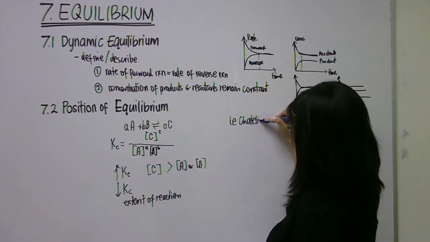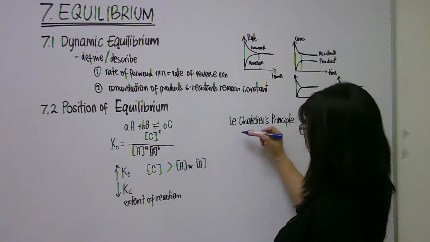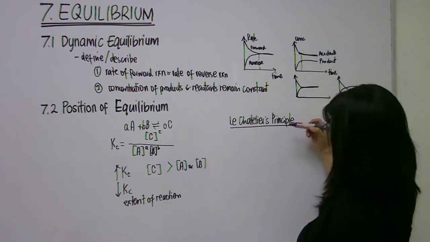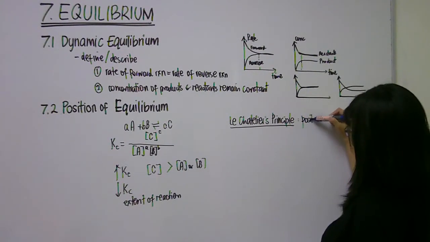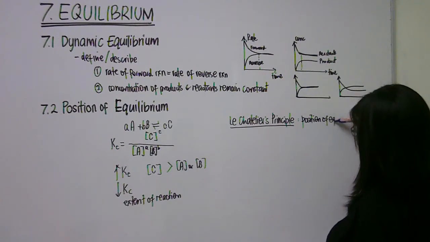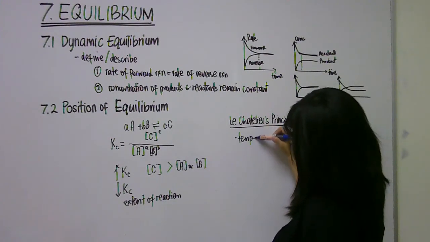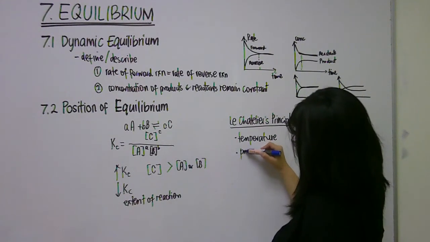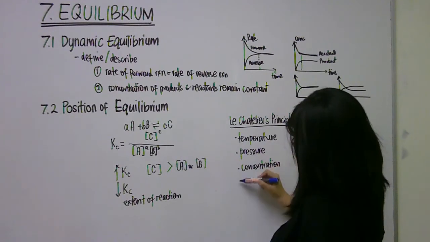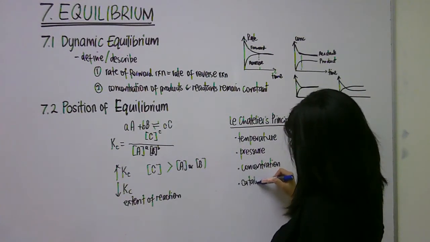Okay, then there will be this principle, Le Chatelier's principle, where you can discuss the position of equilibrium and how it is affected by a number of factors, namely temperature, pressure, concentration, and catalyst.